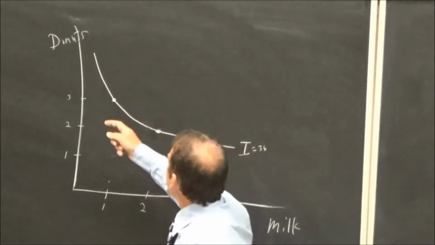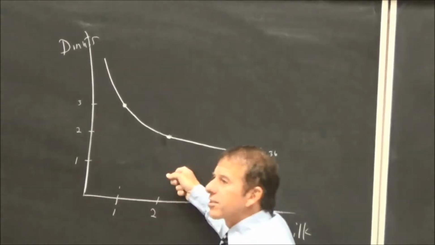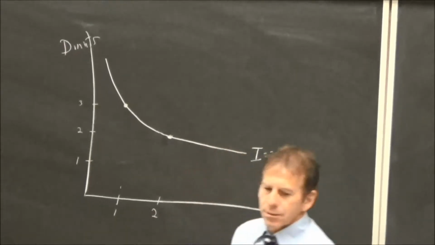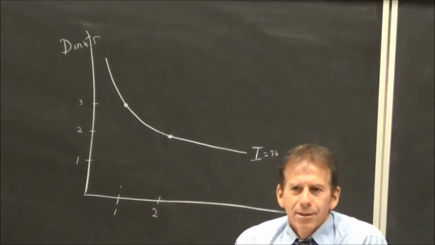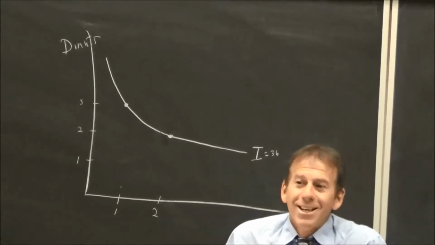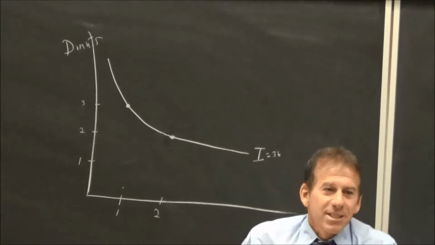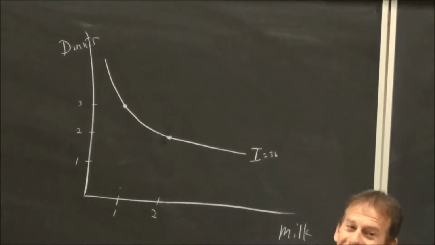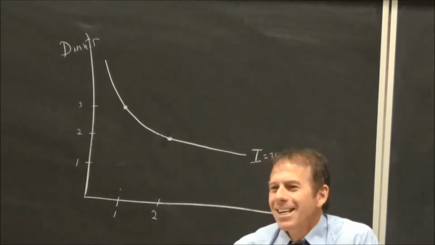So is a person going to be happier having 3 donuts and 1 milk, or 2 donuts and 2 milks? Which one's going to make them happier? It doesn't matter. For this person, it doesn't matter. Maybe for you it matters. Maybe you'd be like, why would we want that 3rd donut? But for this person, it doesn't matter.